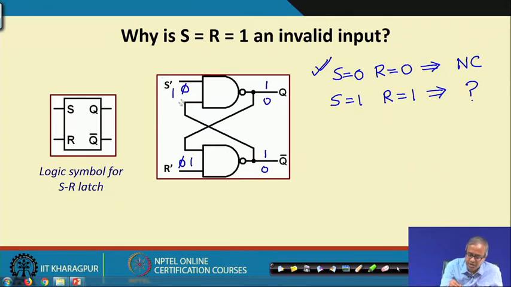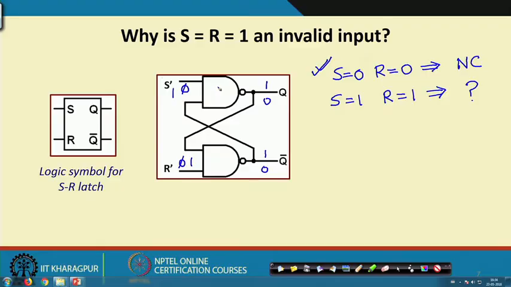Then again 0 and 1 will be 1, 0 and 1 will be 1, they will again change back to 1 at the same time. But in reality what happens, two gates are never of exactly the same speed, one will be slightly slower than the other because of fabrication differences and differences in characteristics.